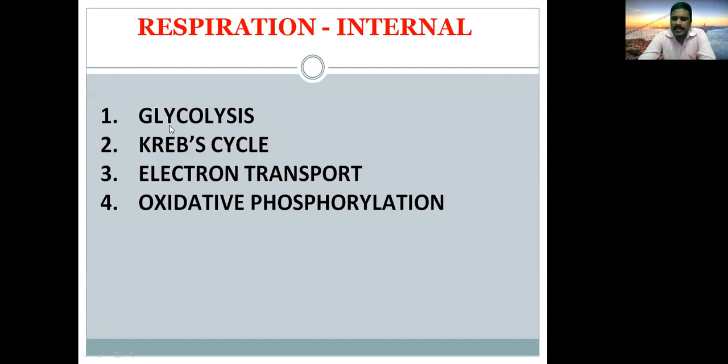But in that case, only a little energy will be produced from their food materials, whereas in aerobic respiration, from a single glucose molecule, many ATP molecules will be generated. So aerobic respiration is very effective when compared to anaerobic respiration.